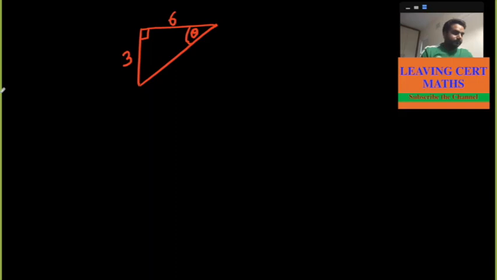So the sine, cos, and tan. So the sine is opposite over hypotenuse, which is 3 over 6.